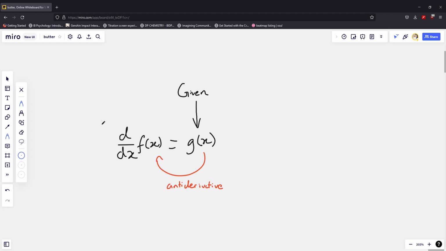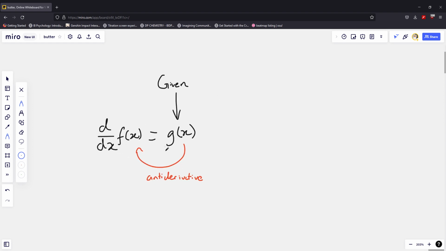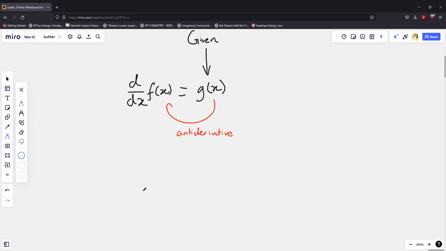Okay. So this can be rewritten using something called the integral. So the integral symbol is basically a really elongated s that looks like that. I've drawn that very poorly. Let's do that again. There we go. So it doesn't look too much like an s, but it's just kind of really long. And we say that the integral of g of x, remember we need to have the with respect to x.